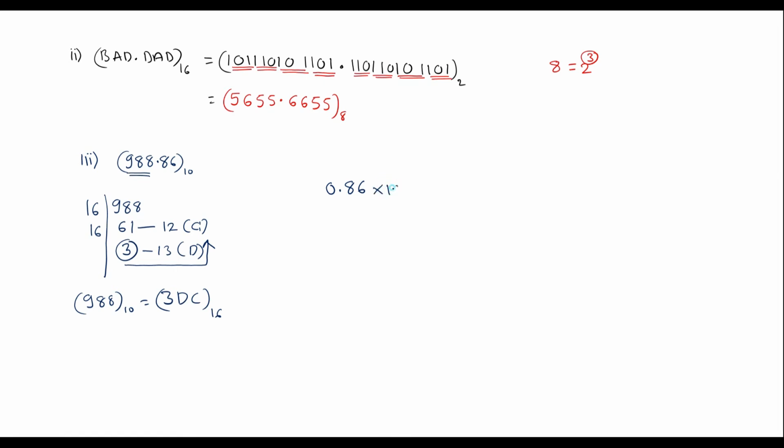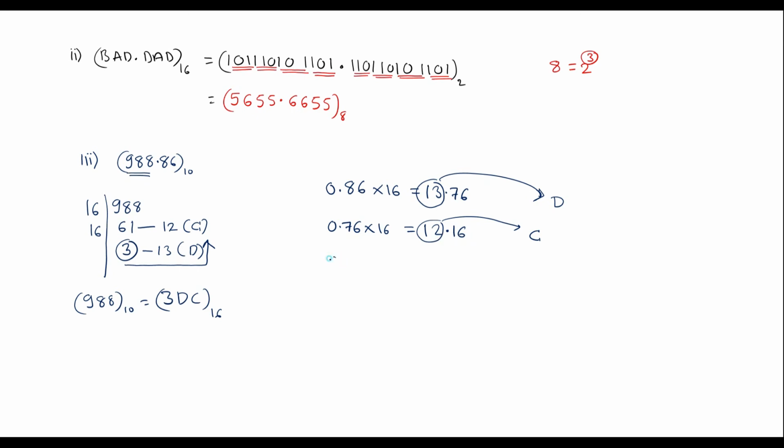It gives 13.76. So we have to consider only this number. So 13 is equivalent to D. Next the decimal part is 0.76. Further we have to multiply with 16, that is 76. So consider this number now, that is nothing but C in hexadecimal.